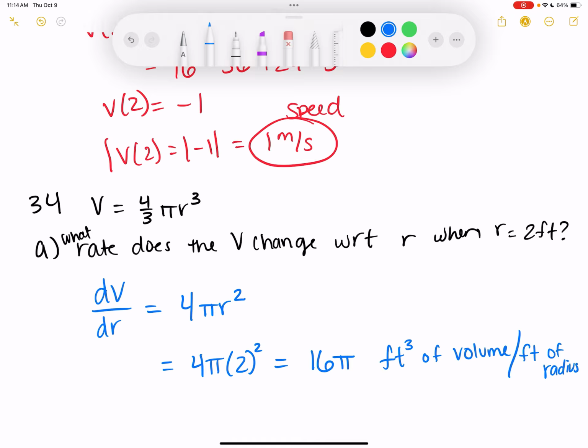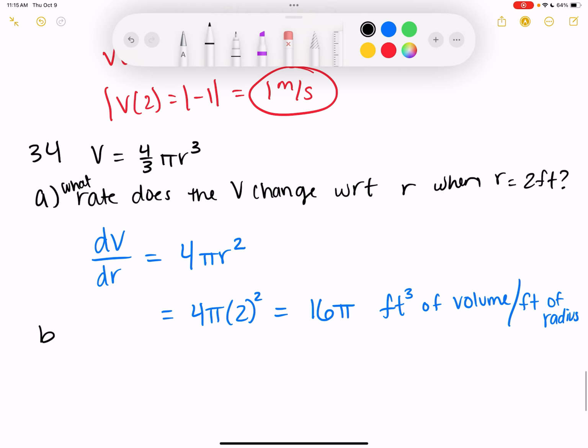So then the second part just says, by approximately how much does the volume increase when the radius changes from 2 to 2.2 feet? So basically we're just going to plug in 2.2 instead of 2, and then we're going to subtract the two things to find the difference.